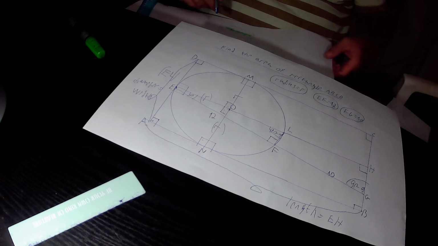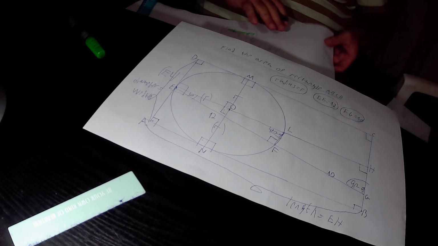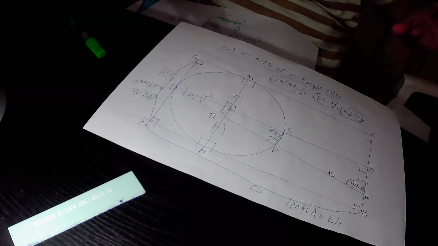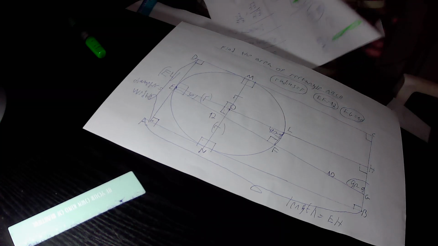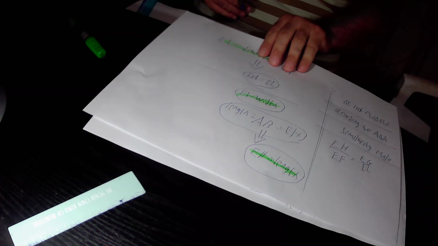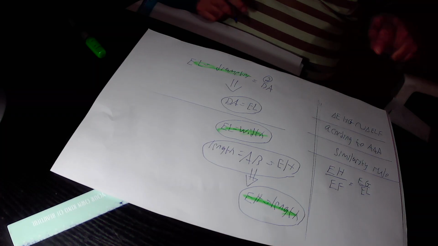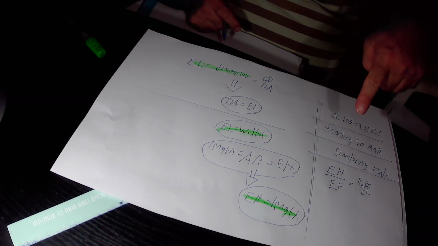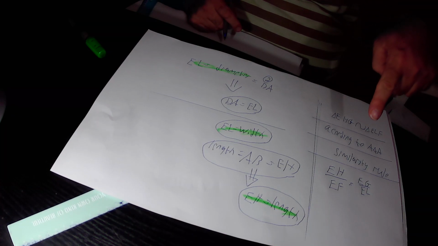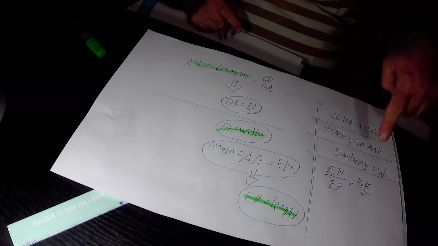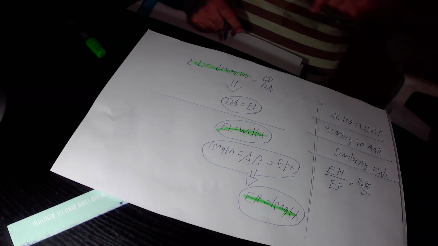Repeat again, from the fact that those two right triangles are similar, we derive that side EH of the big right triangle EHG over side EF of the small right triangle ELF equals side EG of the big right triangle EHG over side EL of the small right triangle ELF.